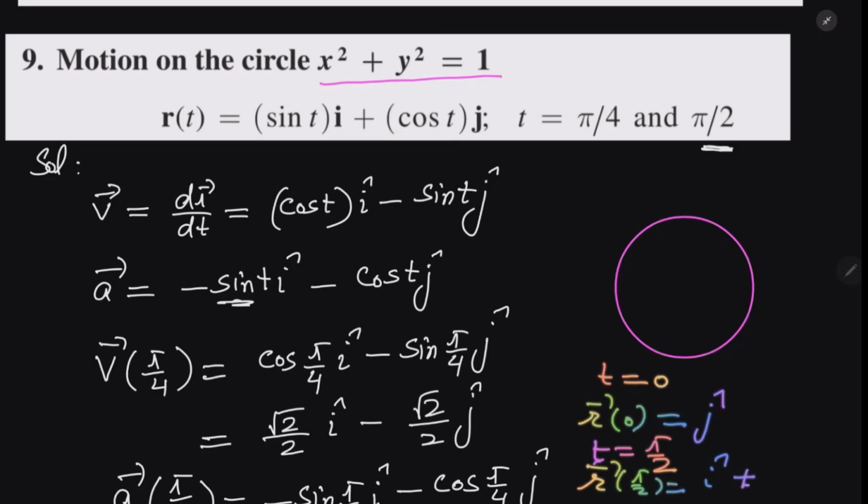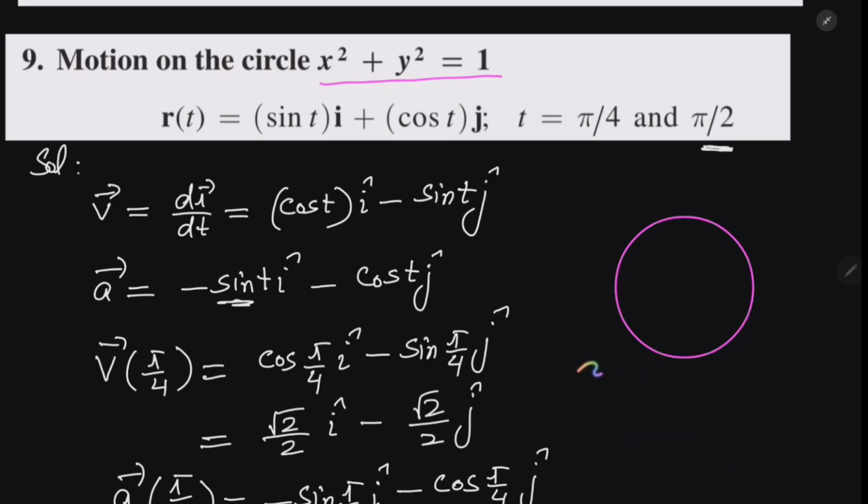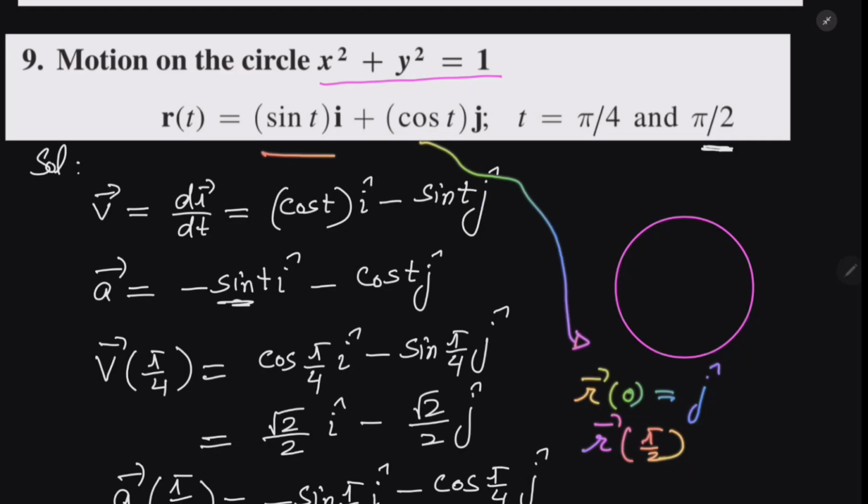Is this true? No, this is not true. Let me go back again to solve that. r of 0: sine 0 is 0, cos 0 is 1. r of pi by 2: I'm putting all the values over here to get the orientation. Sine pi by 2 is 1, so i, and cos pi by 2 is 0, so 0j.